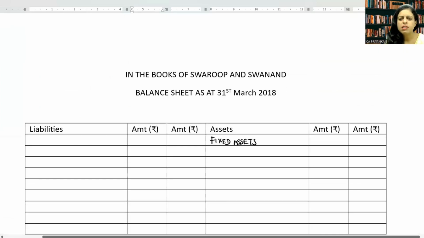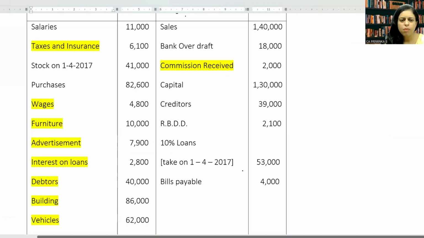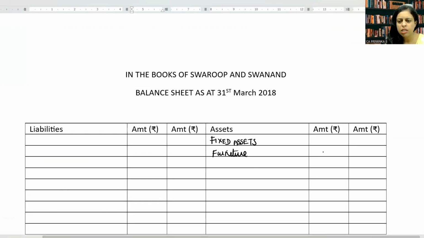Under fixed assets, the first thing I write here is furniture. And furniture amount is how much? 10,000. I write it in the inner column because it has an adjustment.